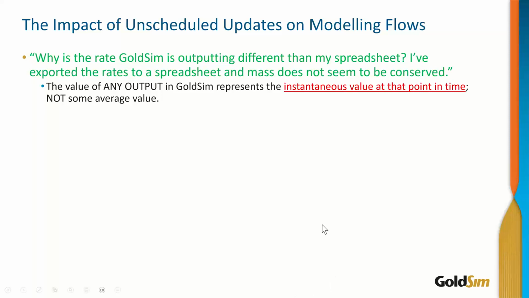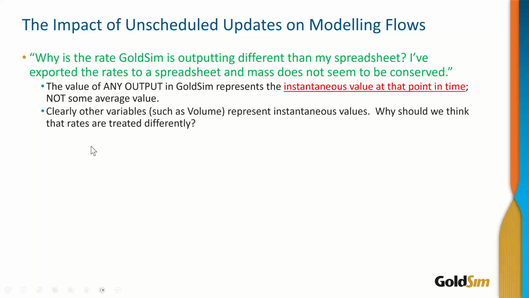And this puzzles people, but it shouldn't. Clearly, other variables in GoldSim, such as a volume, represent instantaneous values. If you look at a plot of the volume, you'd never interpret that to mean this is the average volume over the time step. No, you say that's the volume at that point in time.